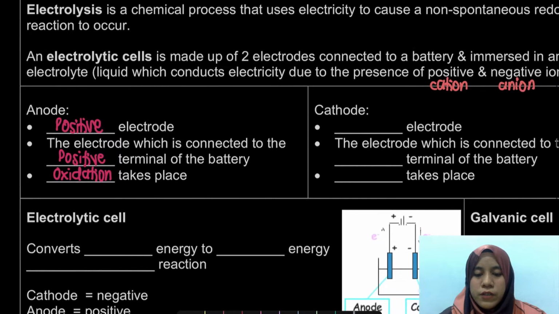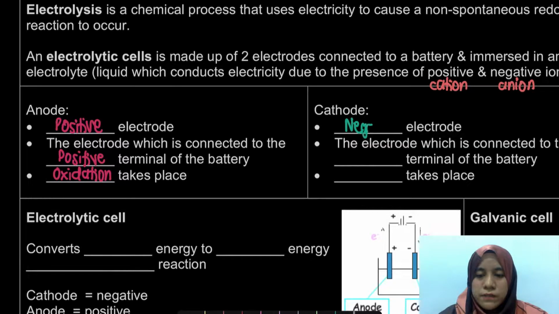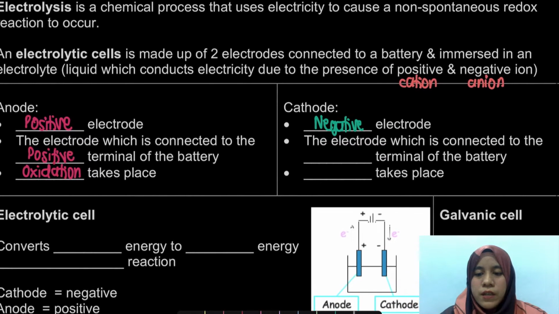For your cathode, the cathode is your negative electrode, which is the electrode connected to the negative terminal of your battery. Remember, red cat: reduction takes place at the cathode.